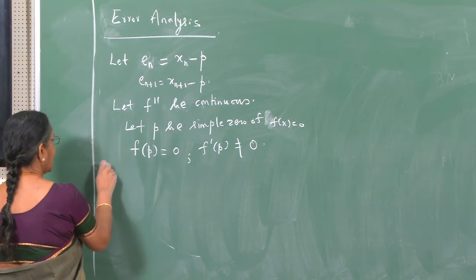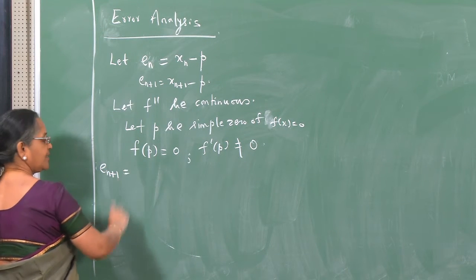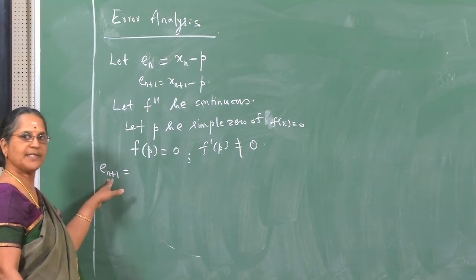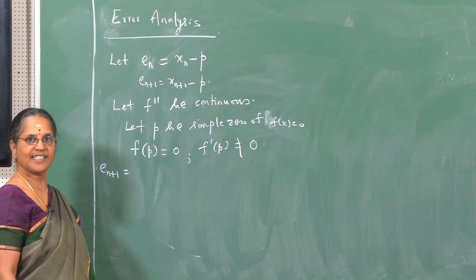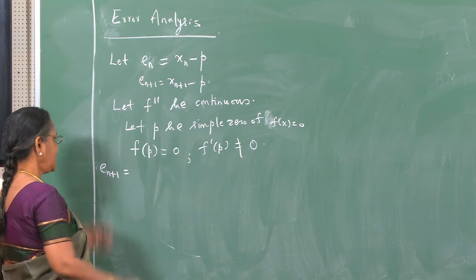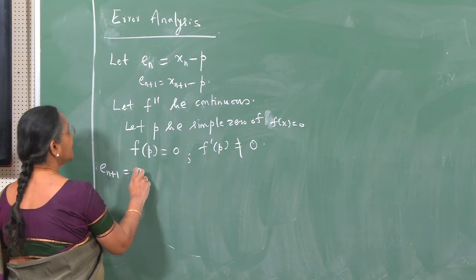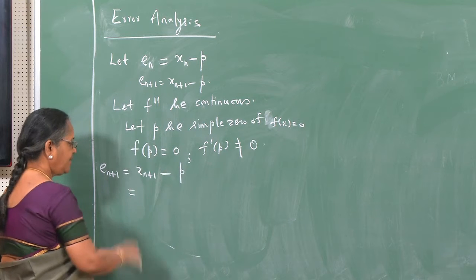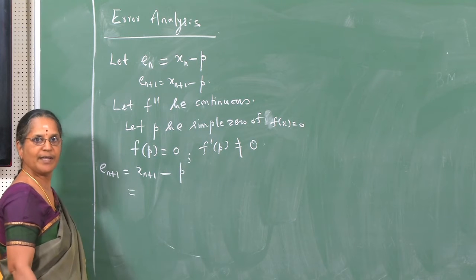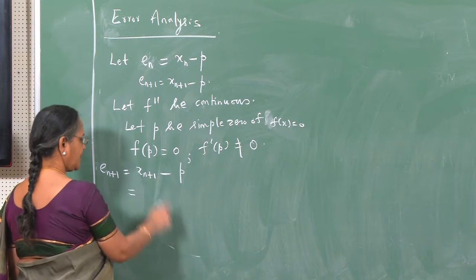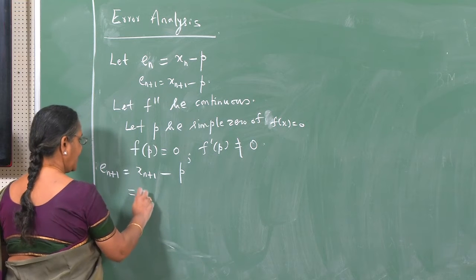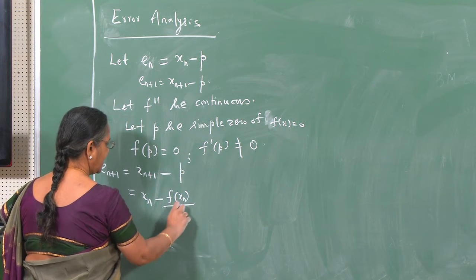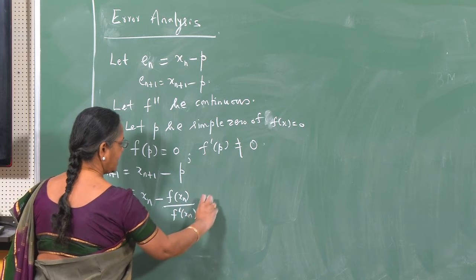So, we start with En plus 1. Why? We want a relationship connecting the error at the n plus 1 step and the error at the nth step. So, start with En plus 1. What is it? En plus 1 is xn plus 1 minus p. But we are using Newton-Raphson method and the n plus 1th iterate is given by xn minus f of xn by f dashed of xn minus p.